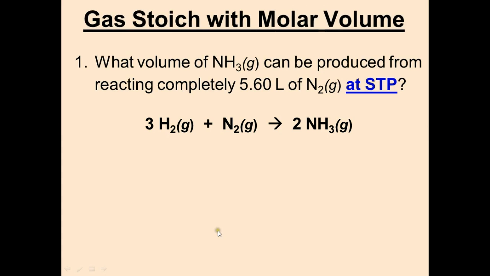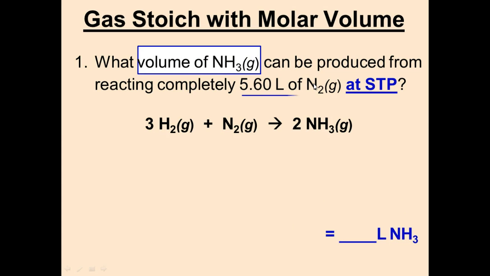And so remember, we have to ask what we need. So we need volume. So on the side, we can write liters of NH3. And we have 5.6 liters of N2. So we first write that to the side.